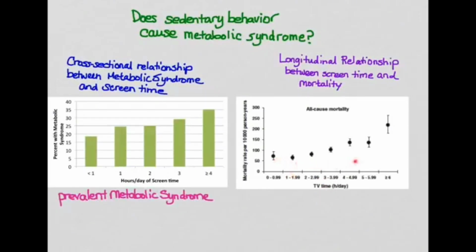And so with this relationship, we can be sure that the TV time at least preceded the mortality. And so then controlling for other variables, as they did in this study, it suggests that there is a relationship between those two variables.